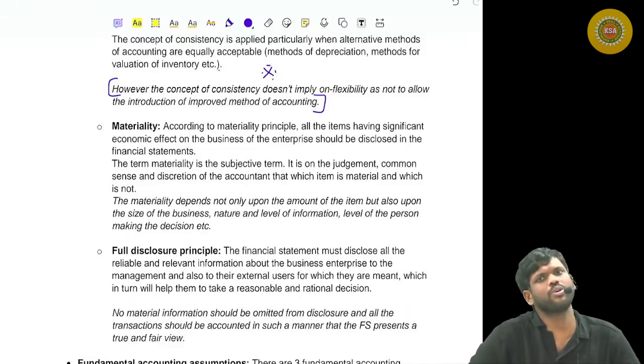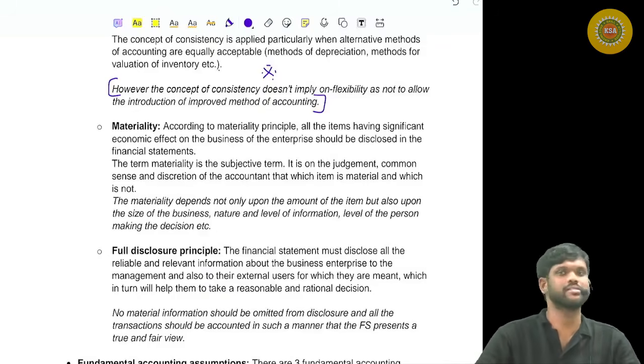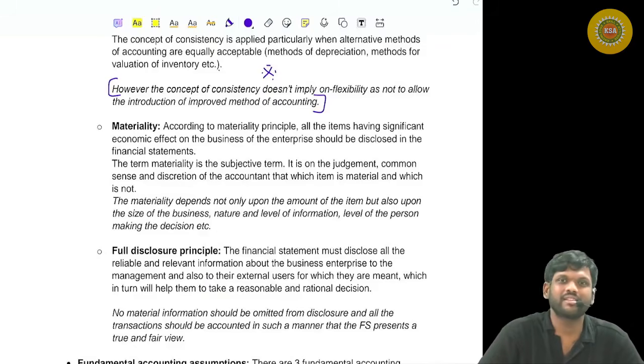So all the accounting policies also we will apply only to material items. For example, tomorrow assume you are auditing Reliance company. In that company, they purchased one calculator for 1,000 rupees. A calculator is actually an asset. It is a tangible asset. It should be capitalized. But Reliance made a mistake and charged that 1,000 rupees calculator to P&L.